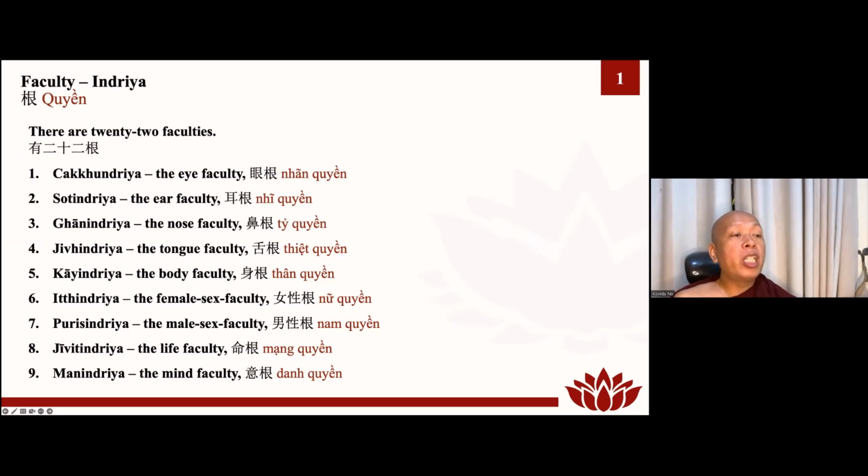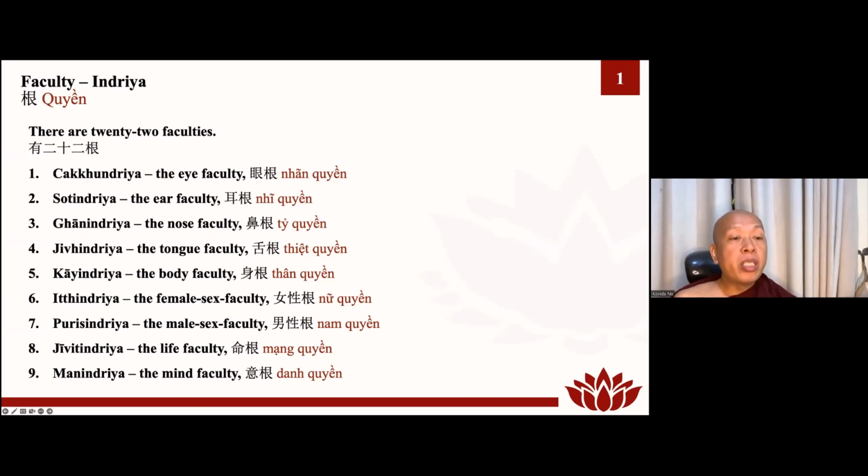Similarly, Sotindriya, the ear faculty. It is also ear translucency. We just give a different name to the translucency. So you can understand it the same as before with eye translucency. You can also learn the characteristics, the function, the manifestation, the proximate cause of the ear faculty.